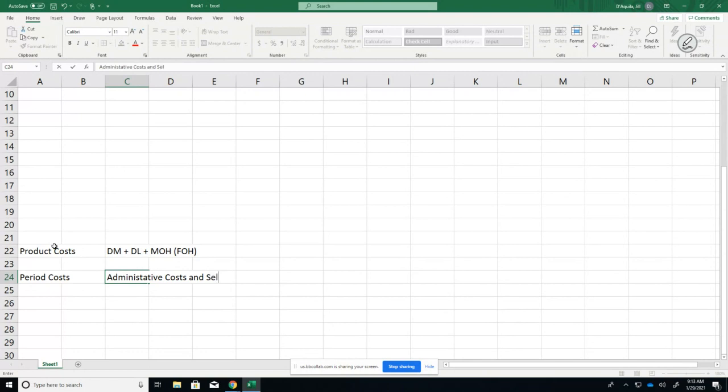Thank you, selling, right? It's JU that's doing the selling. So yes, sales, but not as the customer, as the company. And you know what? Why don't I just say expenses? Because these are expensed in the same period: administrative expenses and selling expenses. That's why they're called period costs, because they're expensed in the same period in which you incur them, right?